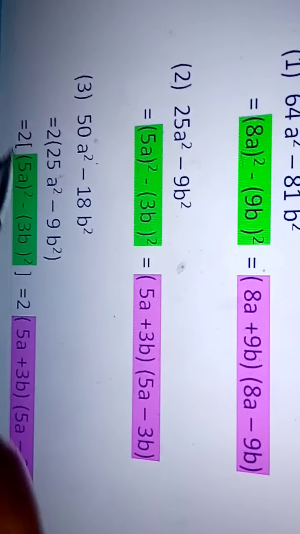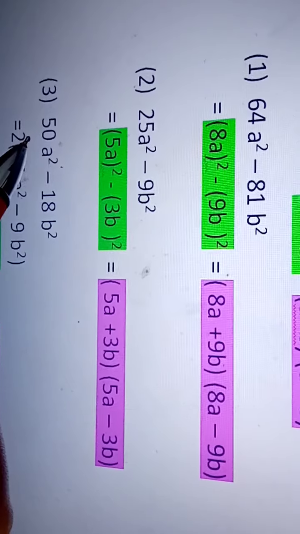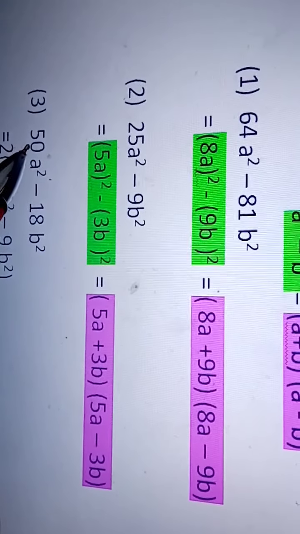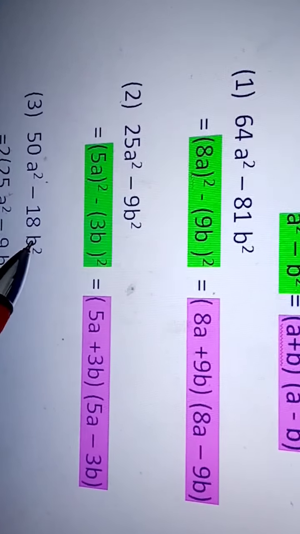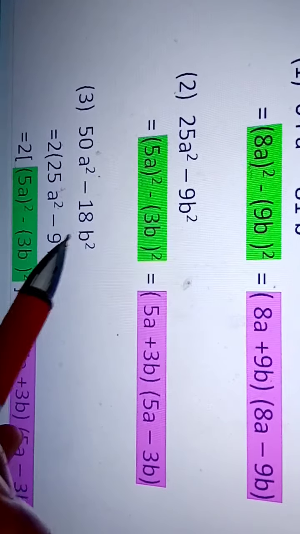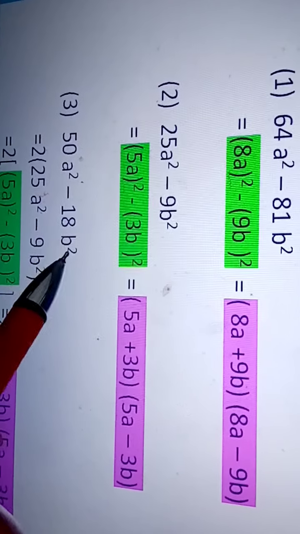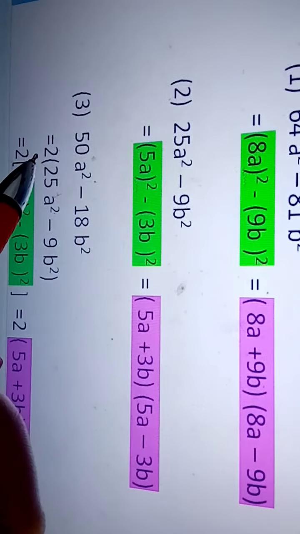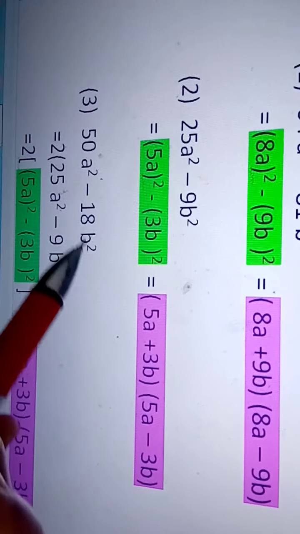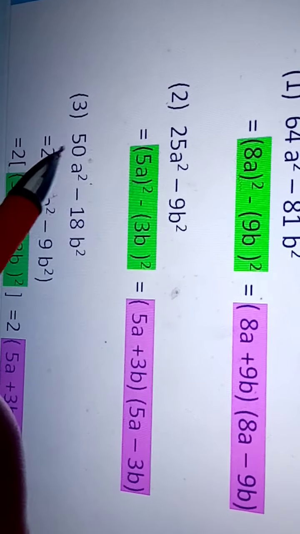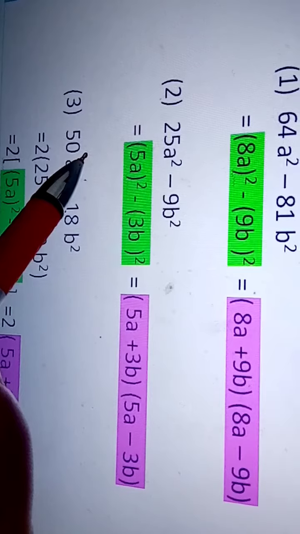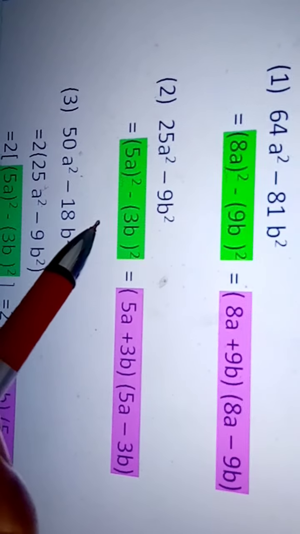But if in any question you feel that this is not a perfect square, and the other one is also not a perfect square, then you take out something common. In this particular question I find 2 is common. 50 means 2 into 25 and 18 means 2 into 9.